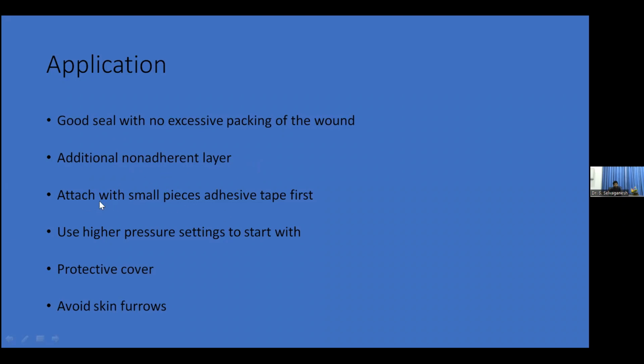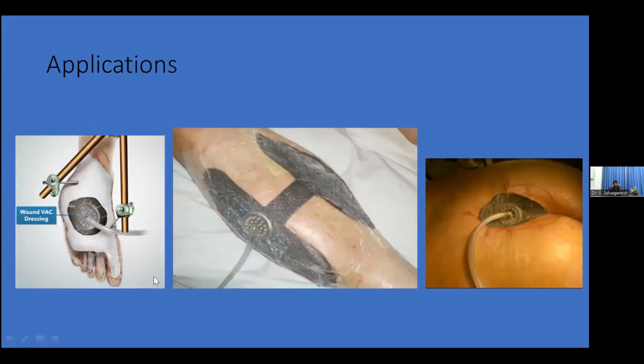We usually apply the foam with a small piece of adhesive tape first and get everything set up, and then we paste the big tapes to get the seal. That will come in the videos later. Sometimes we put higher pressure while starting to get the seal, and then we go to the standard recommended pressure. After that we sometimes put cotton and crepe over the wound.